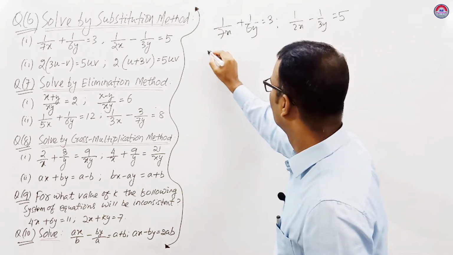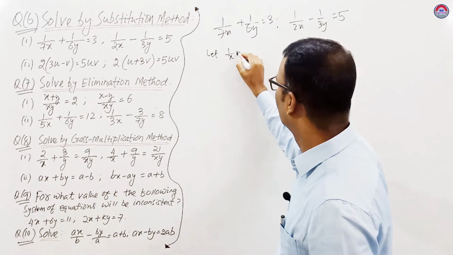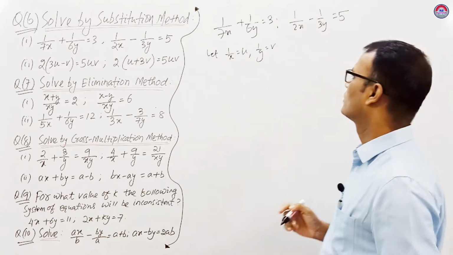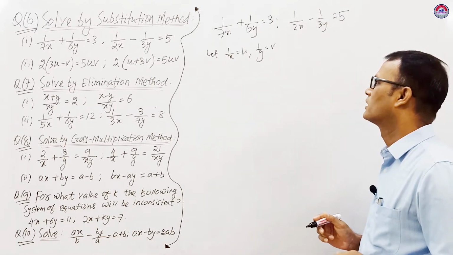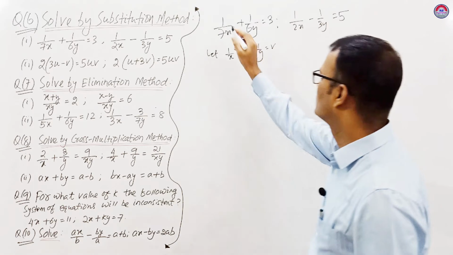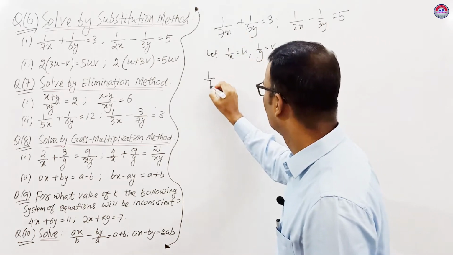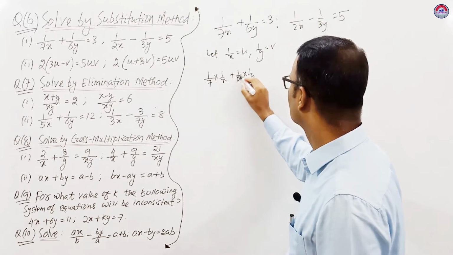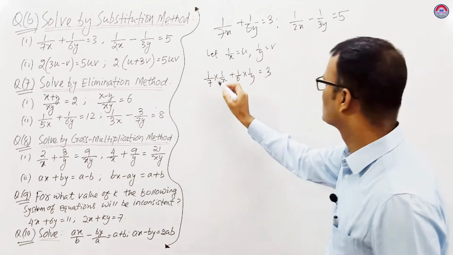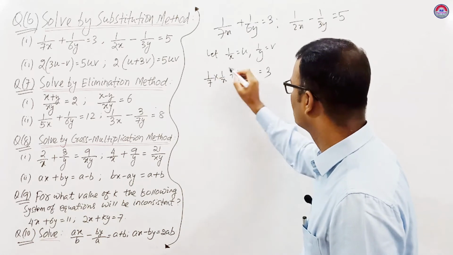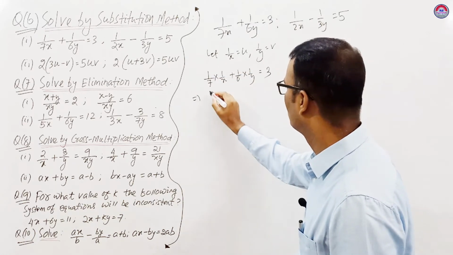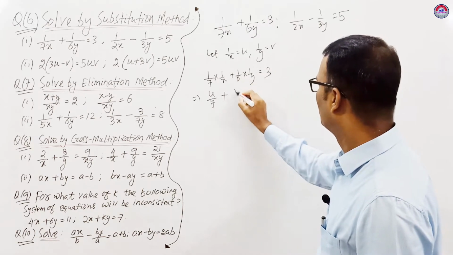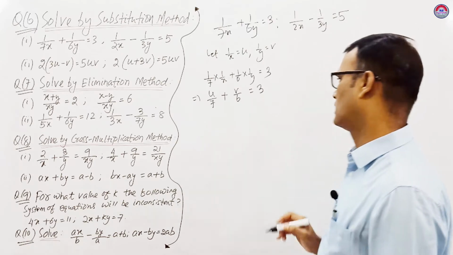So let 1 by x equal to u and 1 by y equal to v. So this equation will be 1 by 7 into 1 by x plus 1 by 6 into 1 by y is equal to 3. 1 by 7 into 1 by x is u, so it will be u by 7 plus v by 6 is equal to 3.